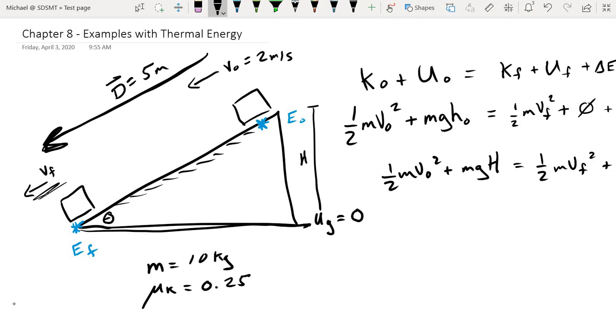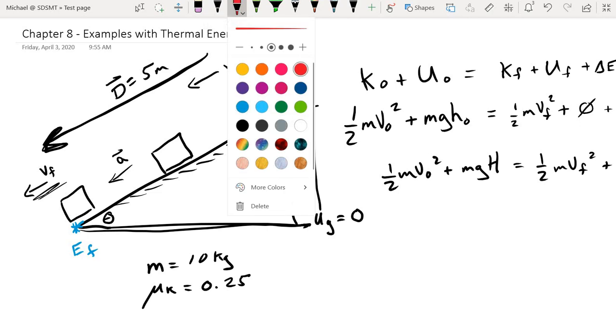And I'm going to draw our mass at some arbitrary point as it's sliding down this incline, because as we slide downhill, our friction force needs to oppose the direction of motion.